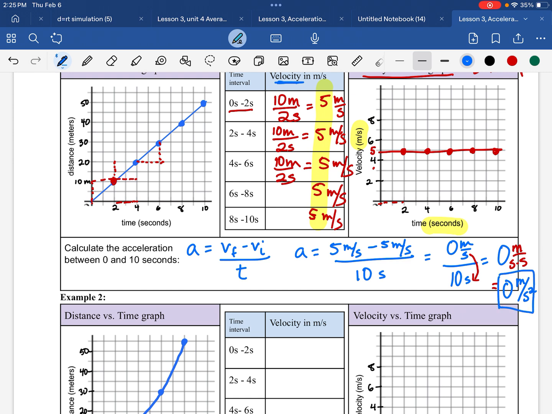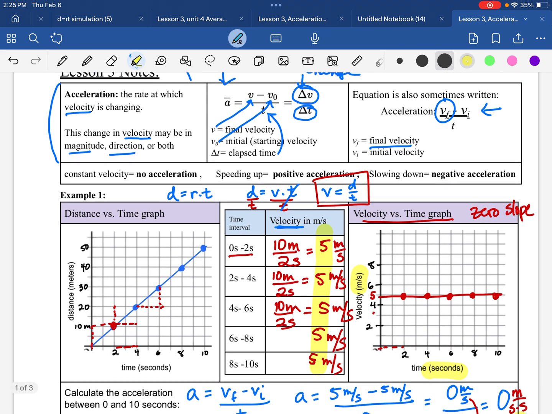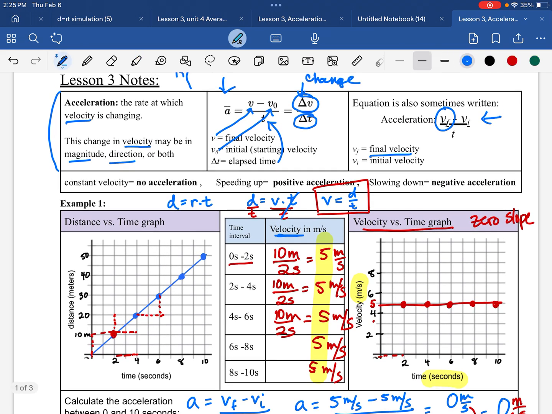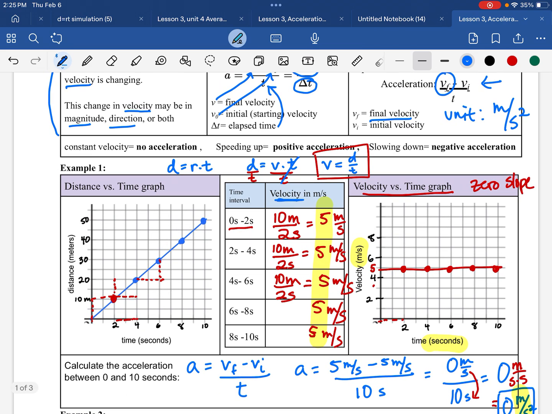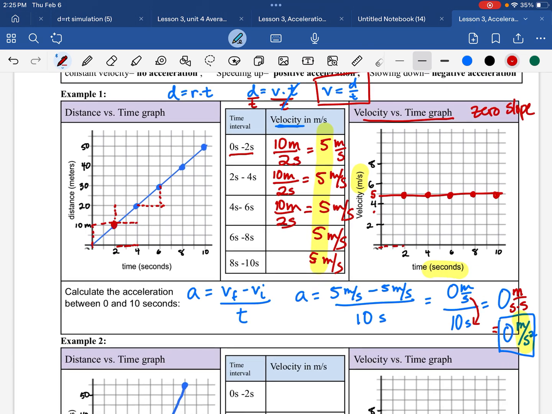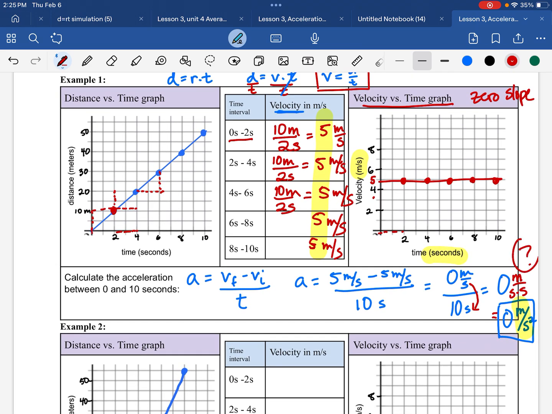That's an important thing. Meters per second squared, that is the units we use to measure acceleration. Okay, so the units are meters per second squared. That's the units for acceleration. And you're going to answer a question about that there in your video.